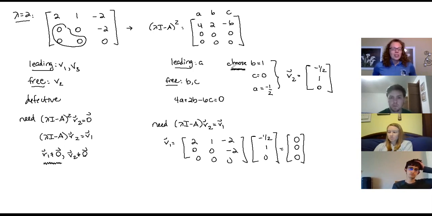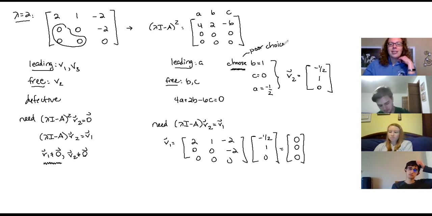I am going to need to choose again. Not a big deal, we just have to do a little bit more algebra. That was a poor choice because I ended up with V1 equals 0, and then I won't get linearly independent eigenvectors.